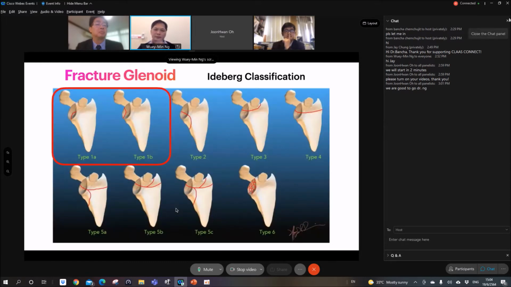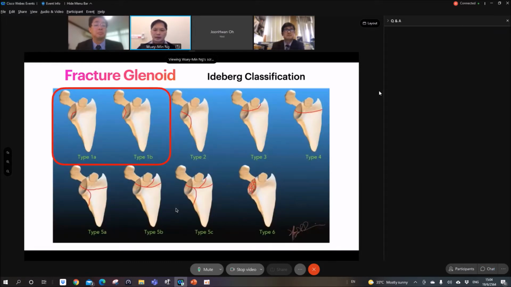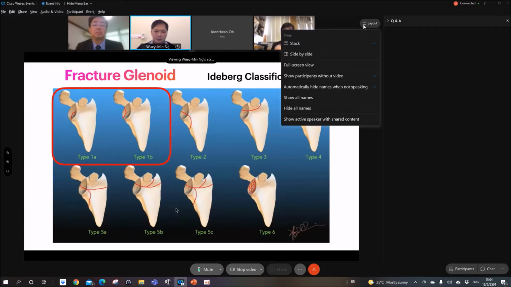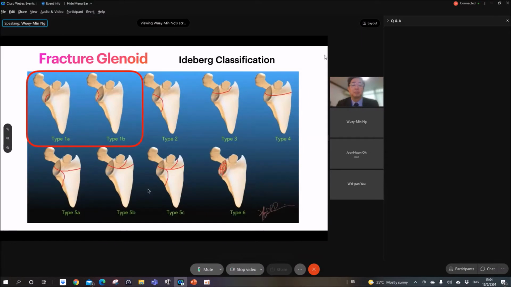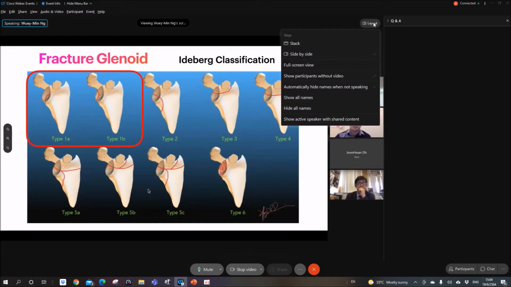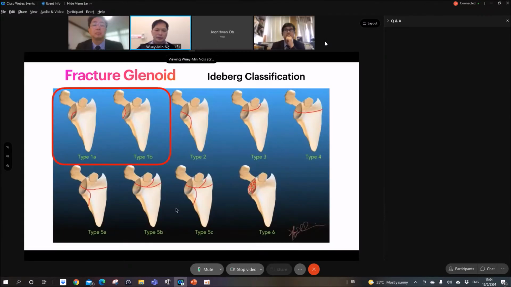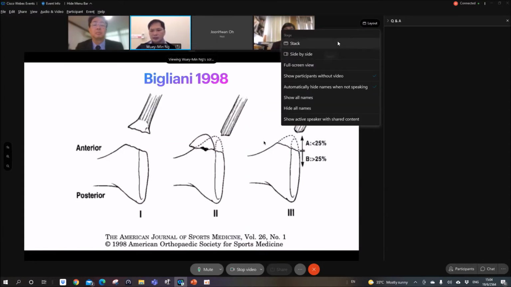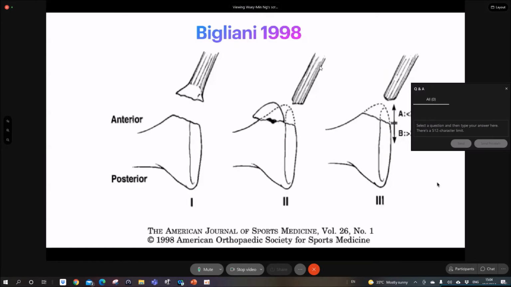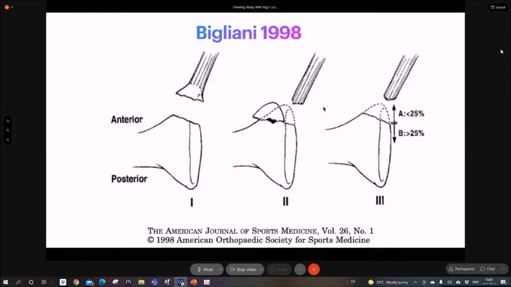So the classification of glenoid fractures by Heidelberg actually includes fractures of the scapula also. What we are interested in today is mainly the glenoid fracture, the intra-articular part of the glenoid, type 1A and 1B. Gliani, 1999, shared a very nice classification which is used mainly for practical purposes. He divides glenoid fractures in shoulder dislocation into three types.